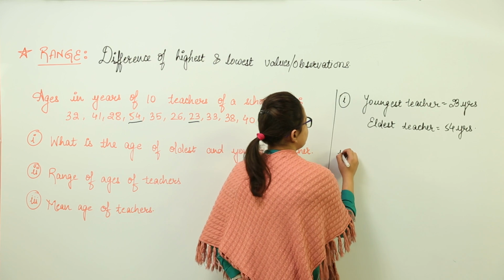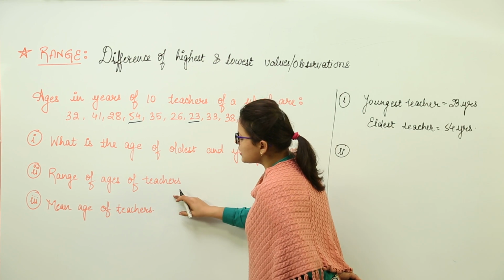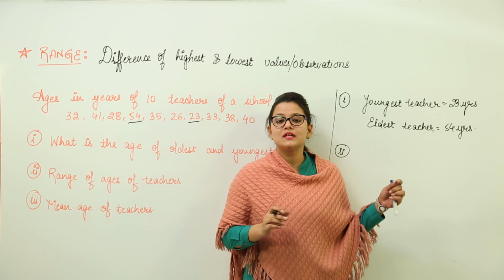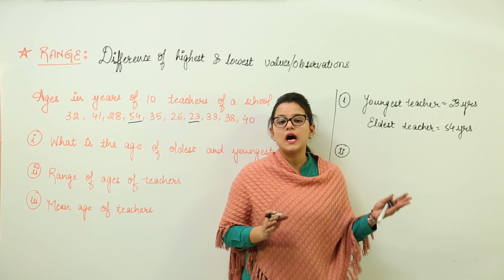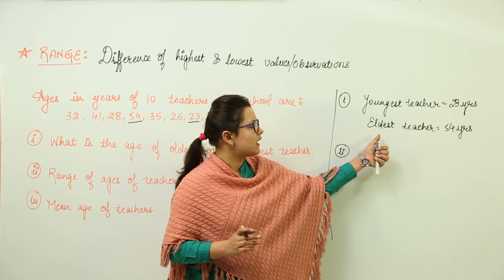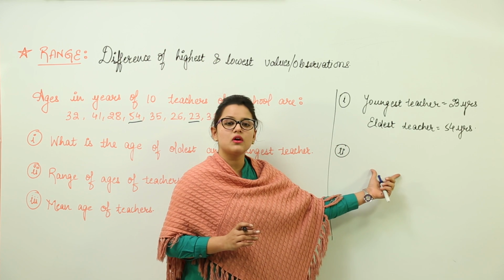For the second one, you have to find the range of ages of the teachers. Now what should be done for the range? You take out the difference of the highest and the lowest value. As we have already calculated the highest and lowest, 54 and 23, we are just going to take out the difference.